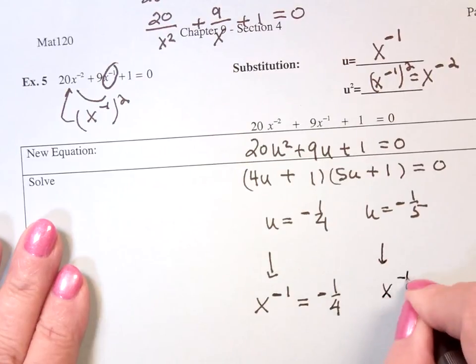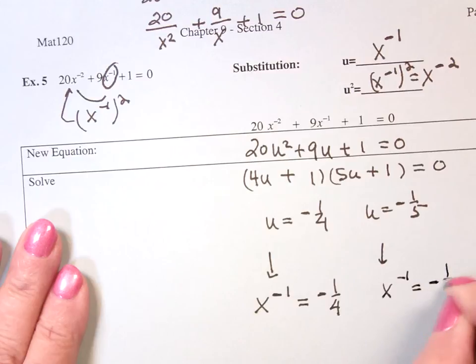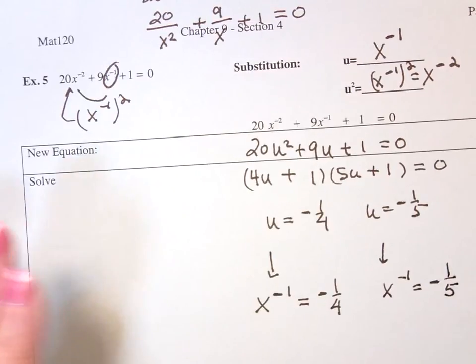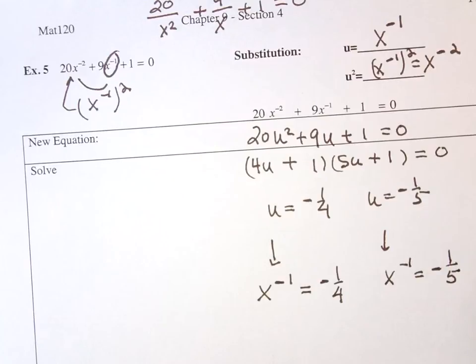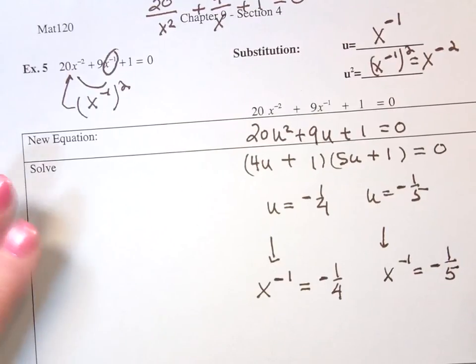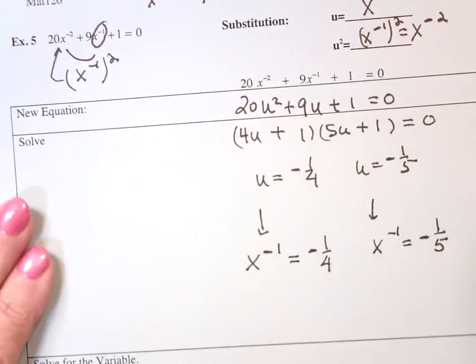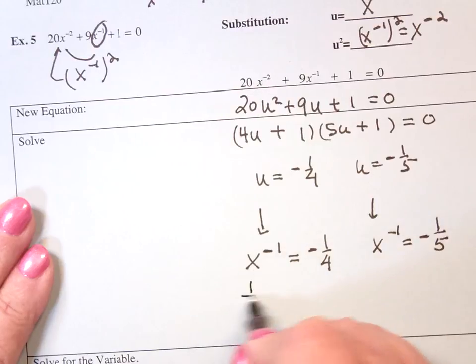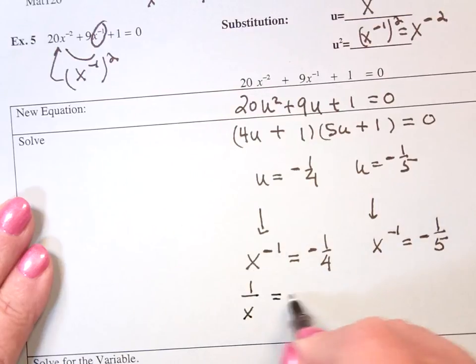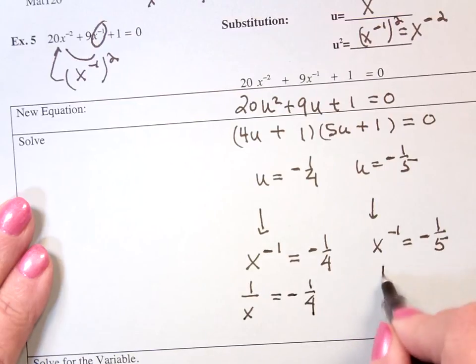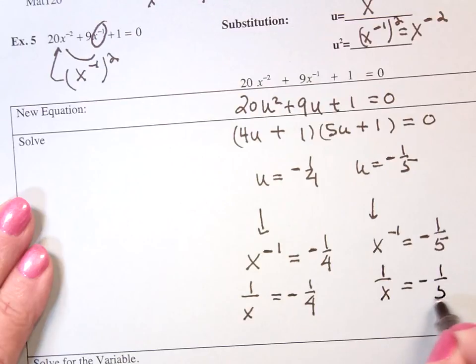And x to the negative 1 is negative 1/5. Now, what's that going to mean to me? Well, if x to the negative 1 is 1 over x, it's negative 1 over 4. And x to the negative 1 is 1 over x, it's equal to negative 1 over 5.